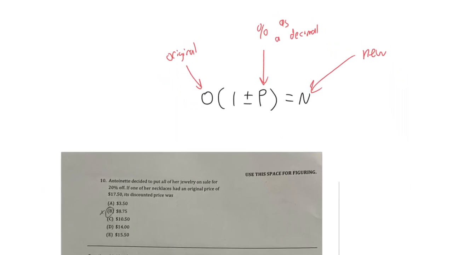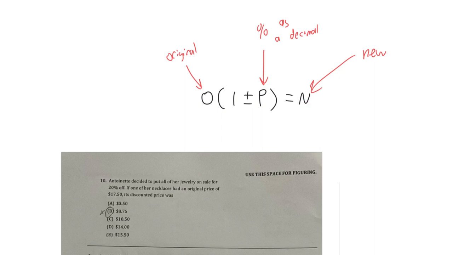So looks like we have jewelry on sale for 20% off. So that's the percent as a decimal. It's going to be 0.2. If one of her necklaces had an original price of $17.50, what was the discounted price? So we have the original price. We want to know what the new price is, also known as the discounted price.